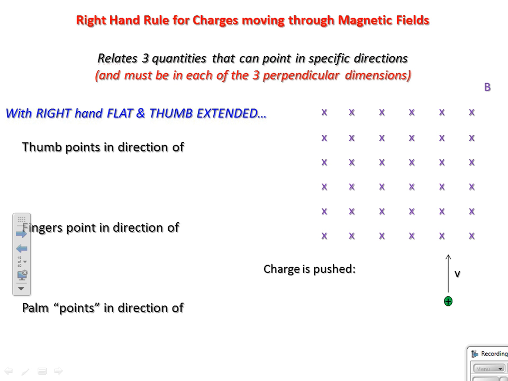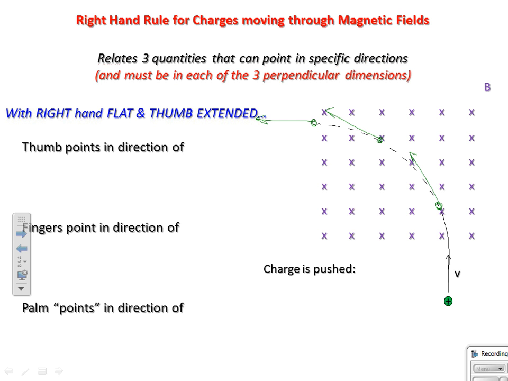So, next slide. This charge follows a path that looks like this. At any instant, we can say that the charge was moving this way, and that way, and that way.